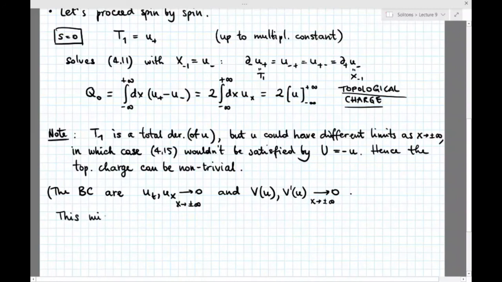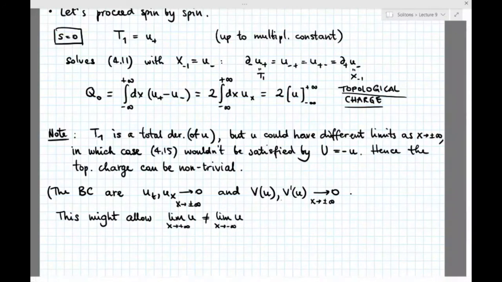And this, if the scalar potential has sufficient structure, could allow that the limit of u as x goes to plus infinity is different from the limit of u as x goes to minus infinity. Essentially, if the scalar potential has different zeros, which are also stationary points, then this situation might happen. And in this case, the topological charge will be non-trivial.